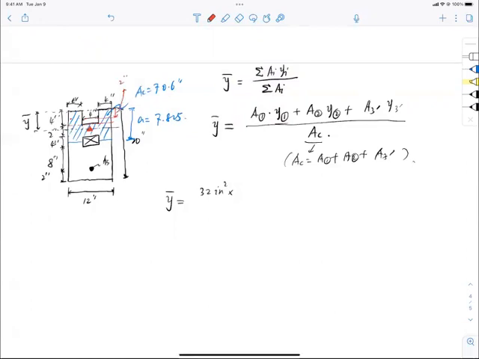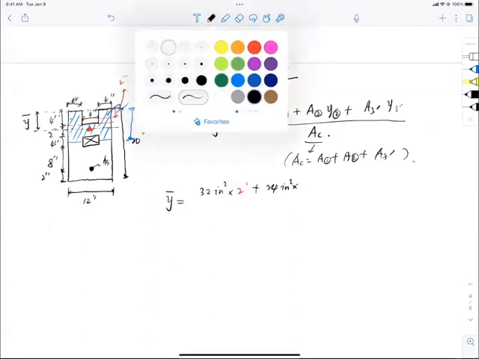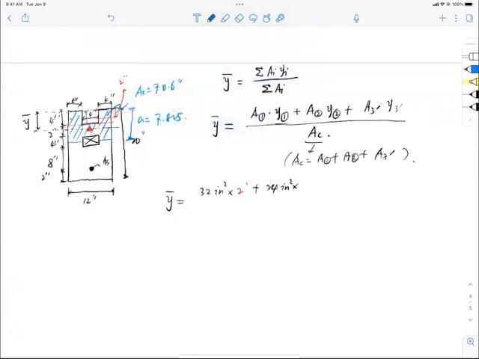Now plus A2, which is 24 inch squared, and the distance is 4 inch plus half of this right strip, so 4 plus 2 divided by 2, and that is Y2.